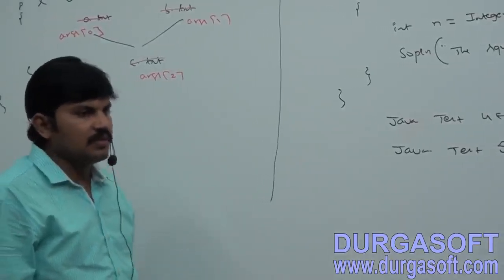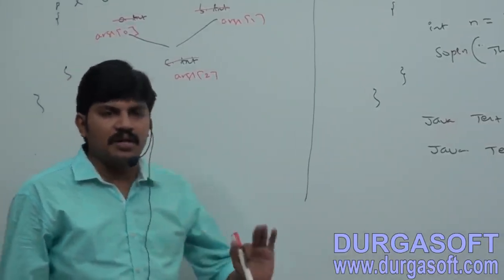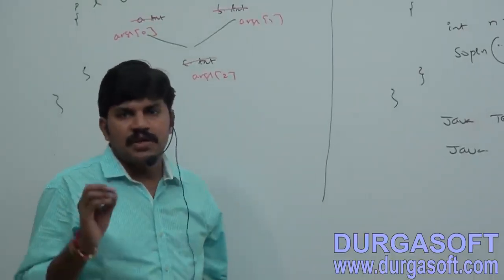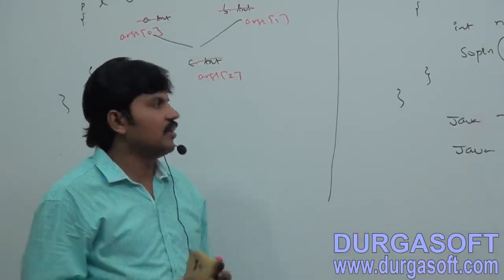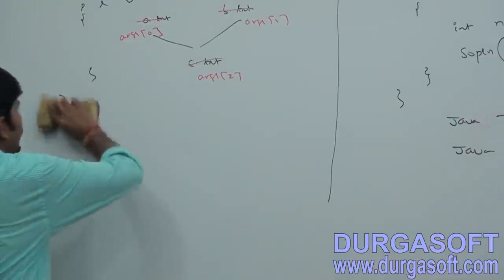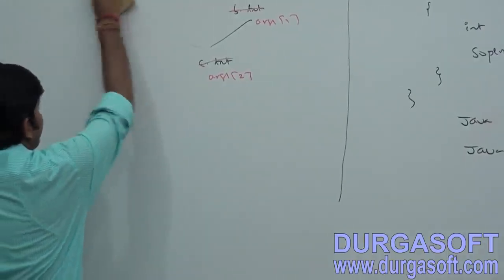That's all. So what is the main purpose of command line arguments? We can customize the behavior of the main method, right? Okay, that's all. So this is what a command line argument is, and what its purpose is.